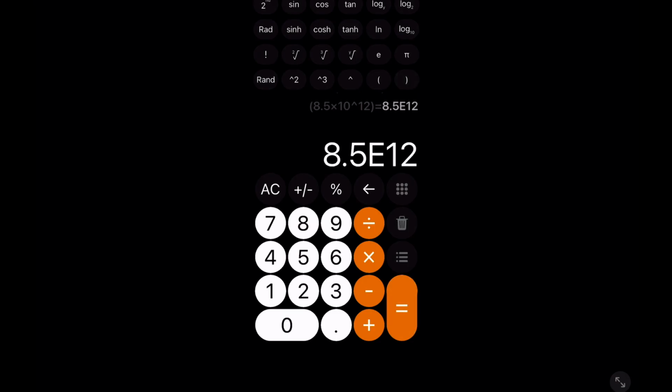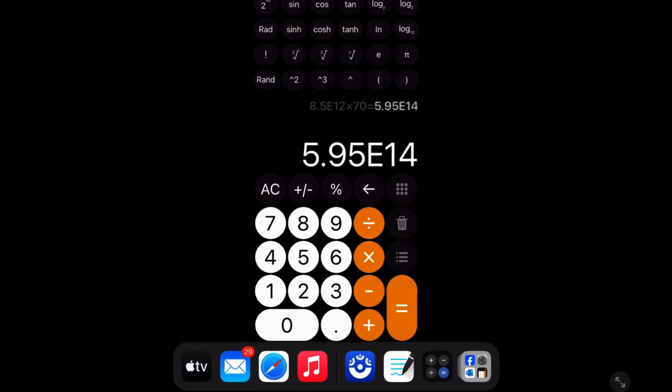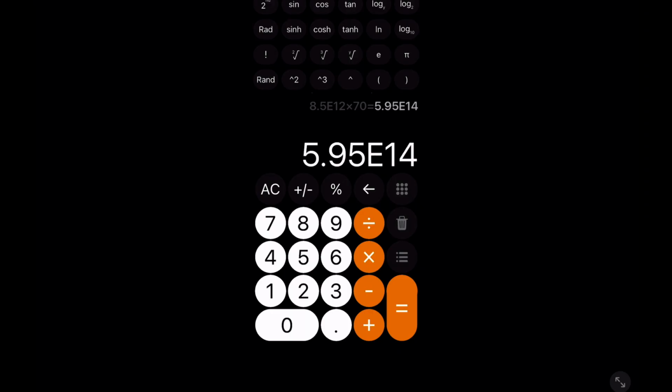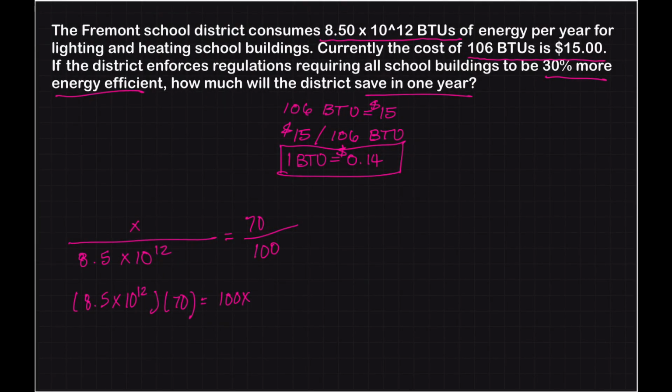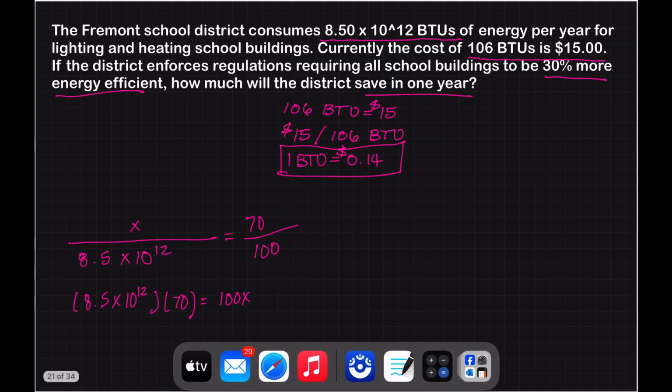Okay, that's going to give us the correct number. Now I want to multiply that by 70. And that's going to give me 5.95 times 10 to the 14. Do you see how I checked it at first to make sure? Because sometimes this little e right here, they use that for the exponent, and sometimes they use it for the irrational number e. Okay, so what was our number again?